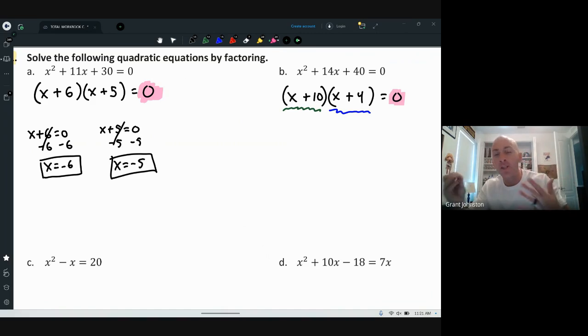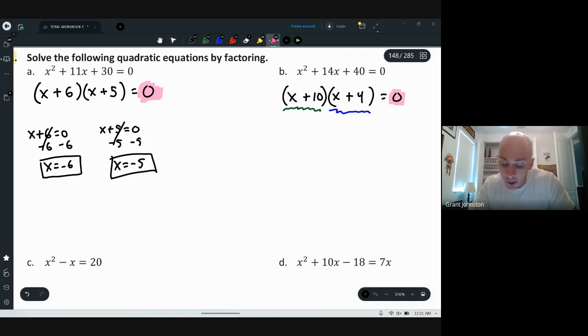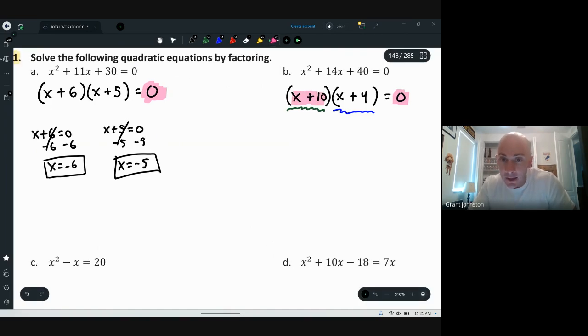I want you to understand the idea, not just do it. Straight from looking at this problem, I already know the answers are negative 10 and negative 4, because negative 10 plus 10 is 0, and negative 4 plus 4 equals 0.